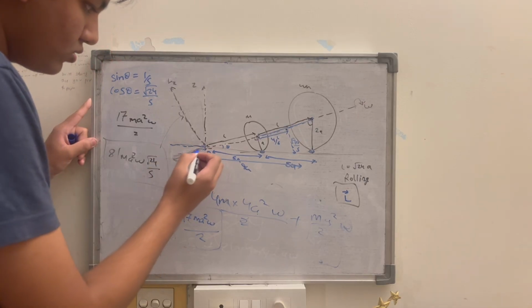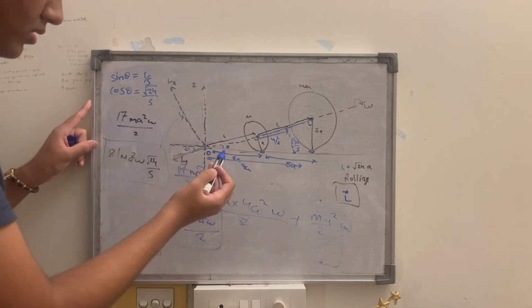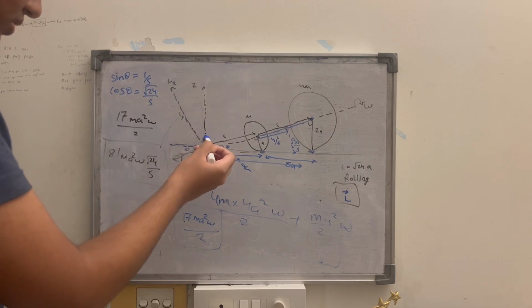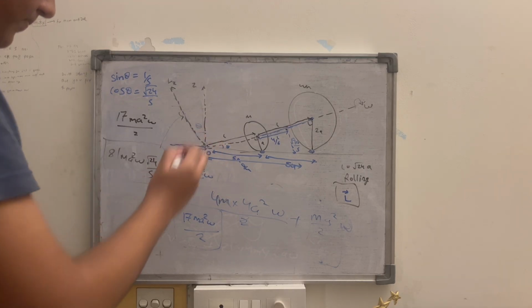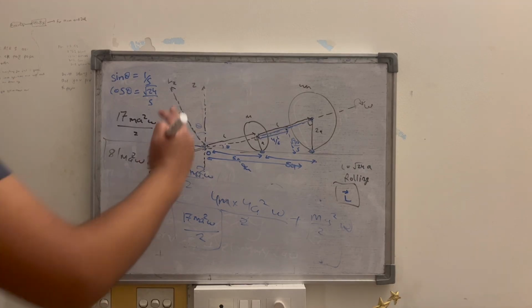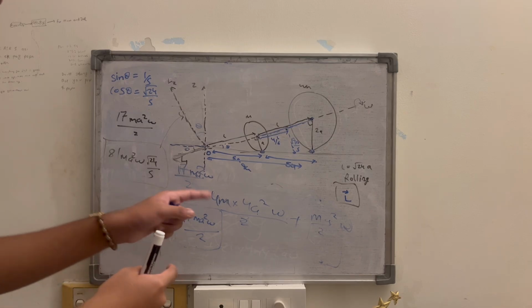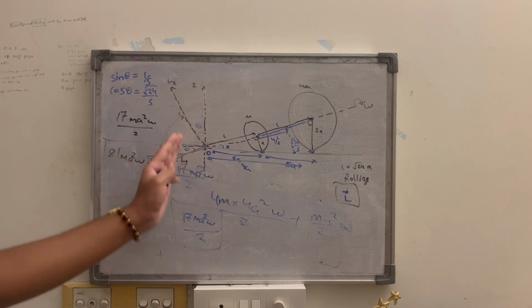Okay, so this is angle theta. This is 90 degrees to this, so this is 90 minus theta, and this is theta. So it's the cos component of this minus the sine component of that.